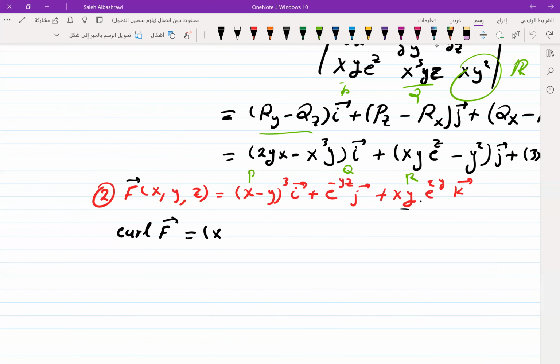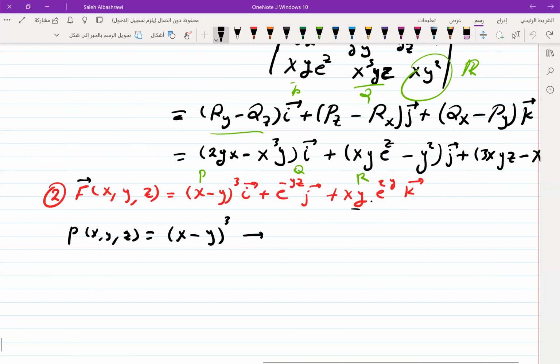Or let me write them one by one down, just to make it clear. I have P of x, y, z equal to the first one, which is x minus y to the power 3. For this one, I need to find P sub z and P sub y. For the first function, no need to differentiate with respect to x.